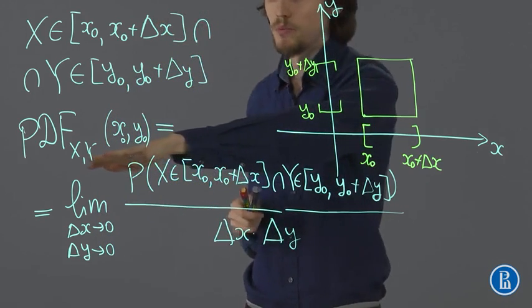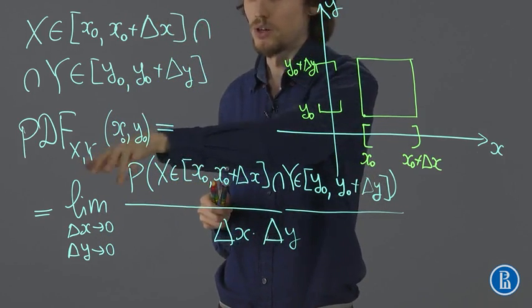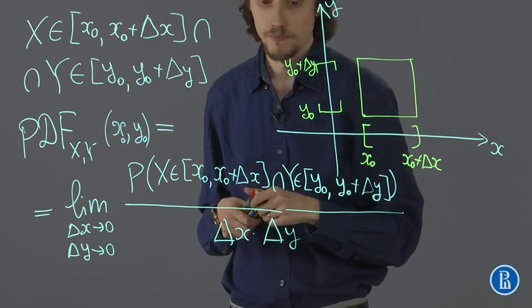This is the joint probability density function of two variables x and y.